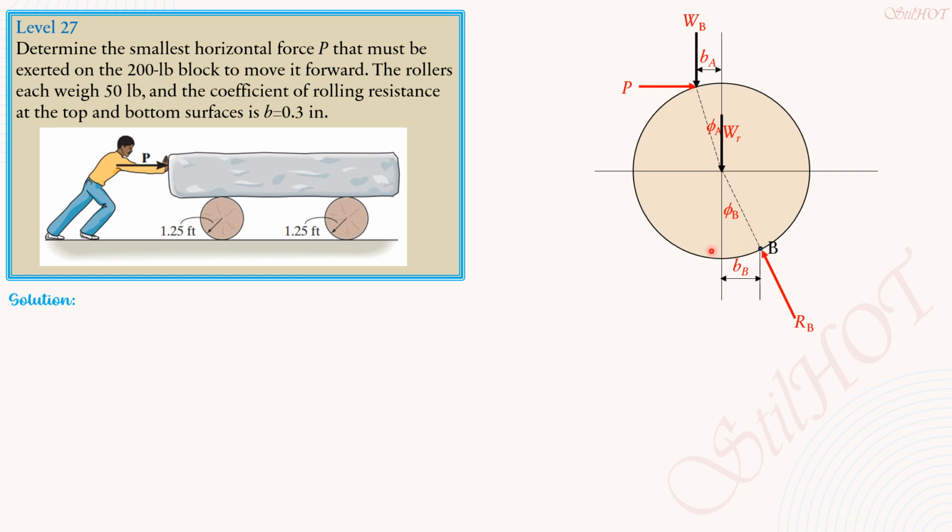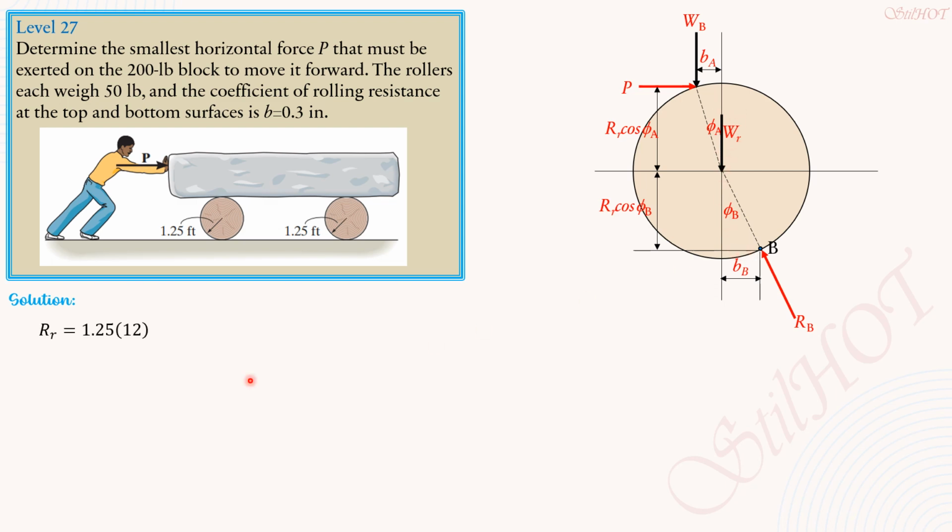This is R of roller cosine of φ_B as shown. So R of roller cosine of φ_A, while this distance is R of roller cosine of φ_B. So that's the moment arm of P. The moment arm of W_B is b_A plus b_B. The moment arm of the weight of the roller is b_B.